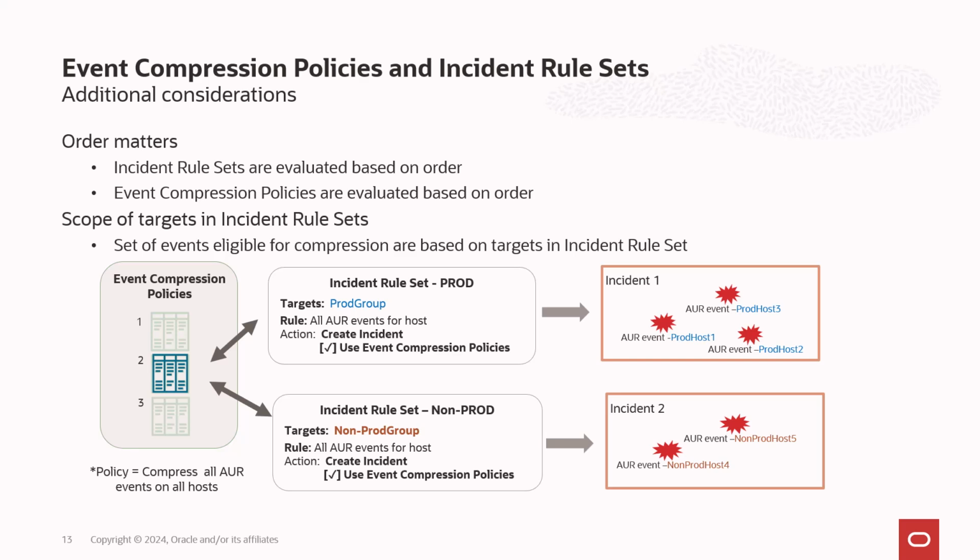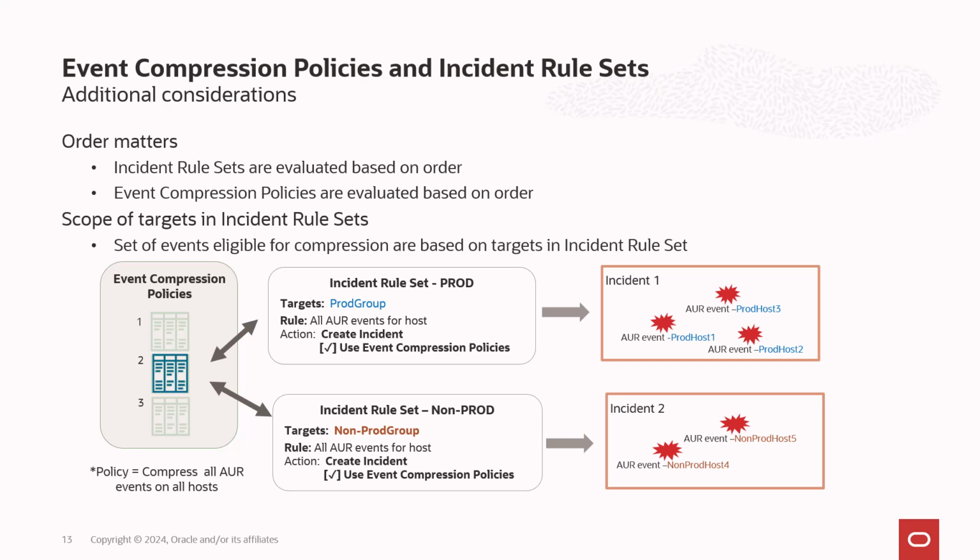Going back to our agent unreachable event scenario, let's say you have an event compression policy that compresses all agent unreachable events on host targets. Let's say you also have two incident rule sets, one that applies to your production group and another that applies to your non-production group.